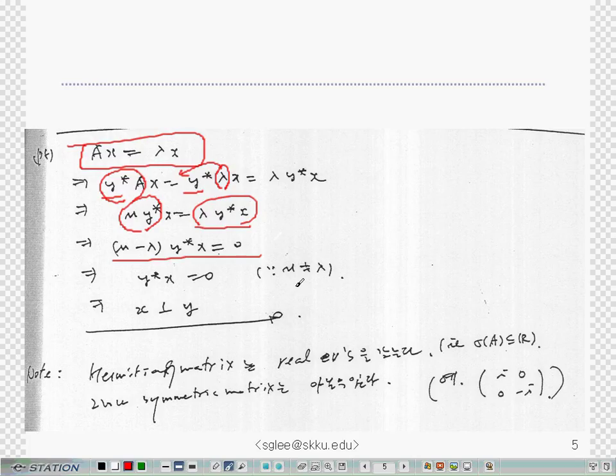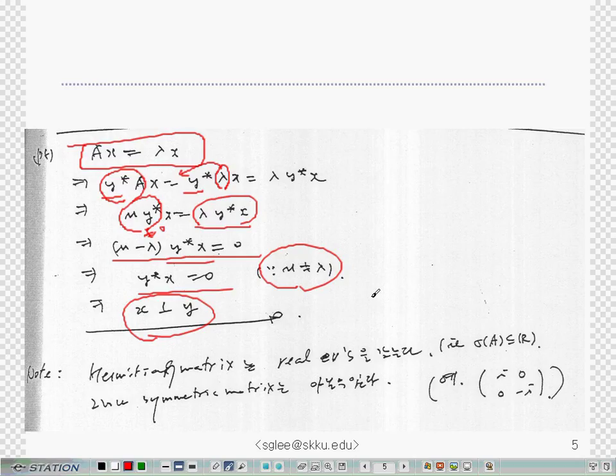But we know mu and lambda are distinct eigenvalues. So this cannot be 0. So this should be 0. That says x and y have to be orthogonal.